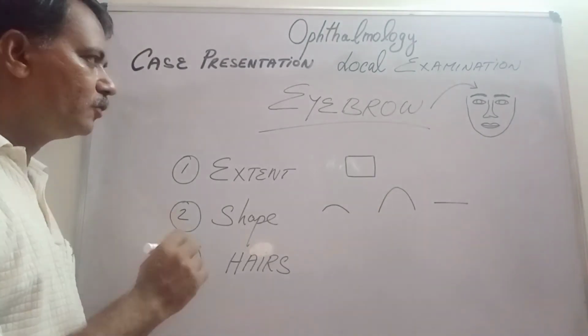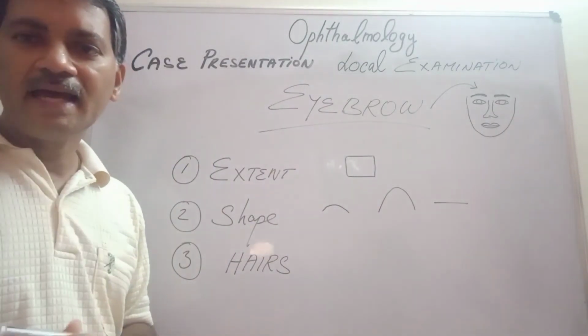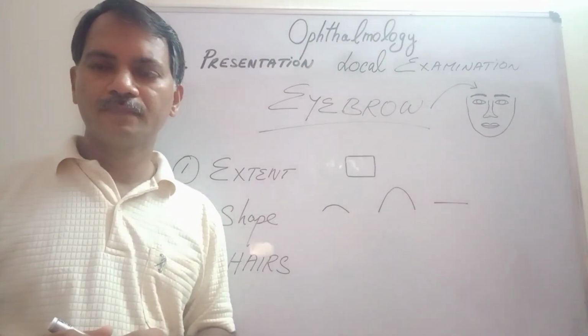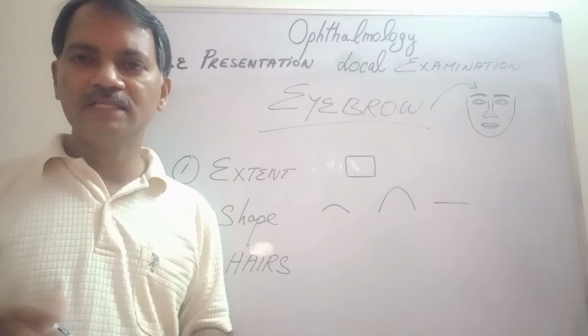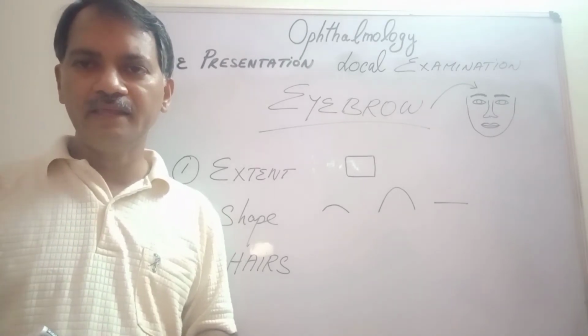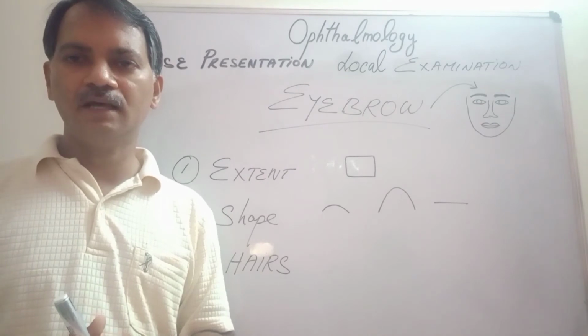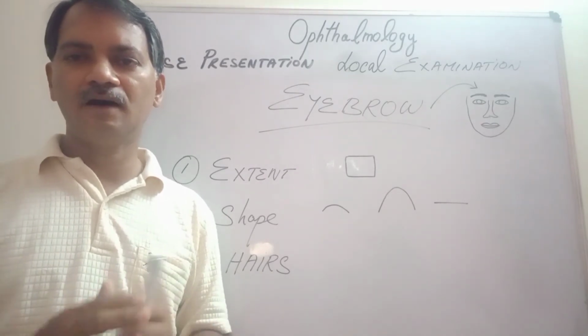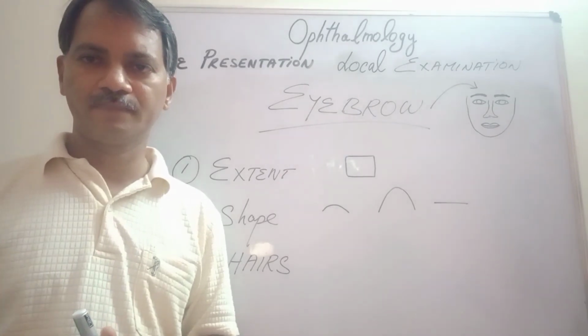The next thing we have to see is the hairs in the eyebrow. The hairs in the eyebrow usually take a very long time to gray. If they become white in color much earlier, at a very young age, it is called poliosis.